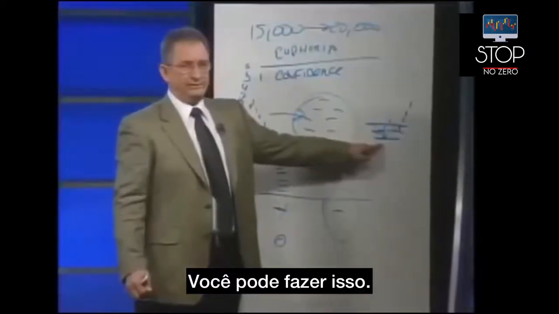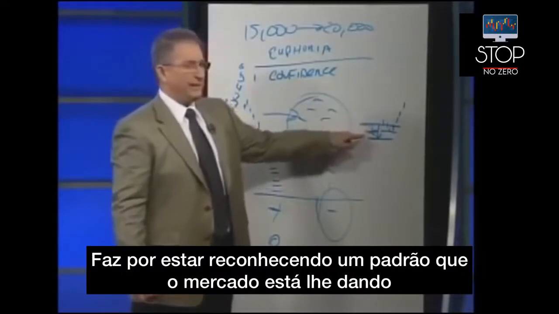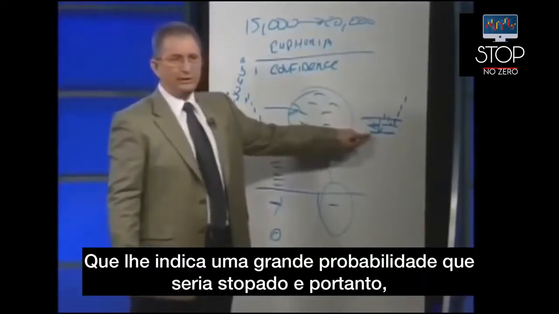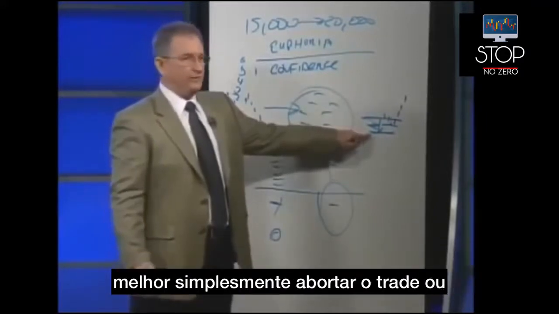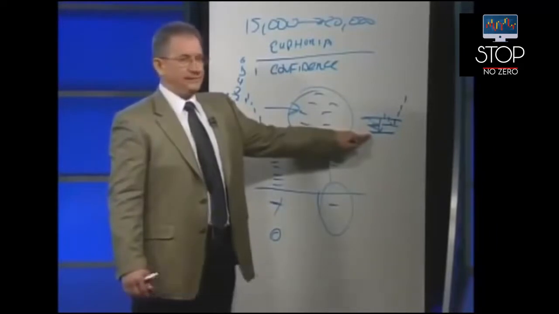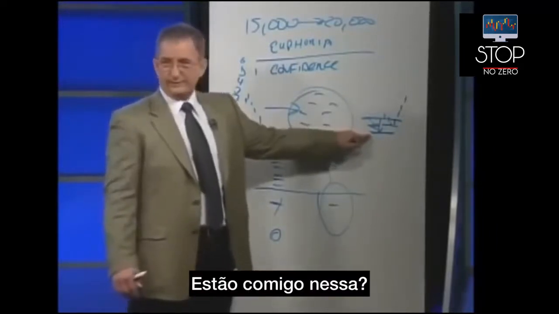You can do that, because you're not doing it out of fear, and you're not doing it because you haven't accepted the risk. You're doing it because you recognize the pattern the market is giving you is such that there's a high probability you are going to get stopped out, and so you might as well just scratch your trade or get out with a little bit of a loss. It's not because you're afraid. There's a huge difference. You guys with me on this?